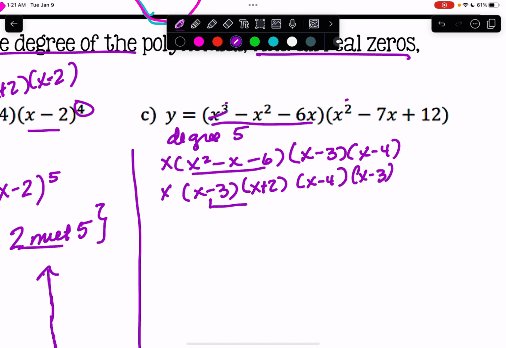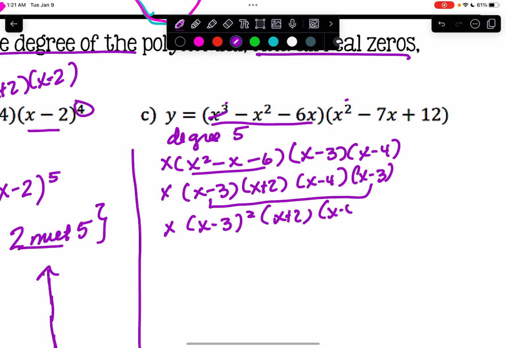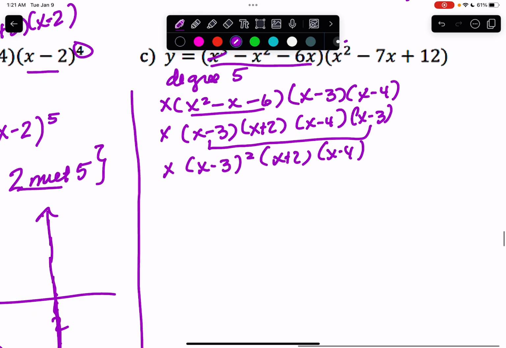So we have these two to combine for a multiplicity. So we have x minus 3 squared, x plus 2, and x minus 4. So 1, 2, 3, 4, 5. We have degree 5.